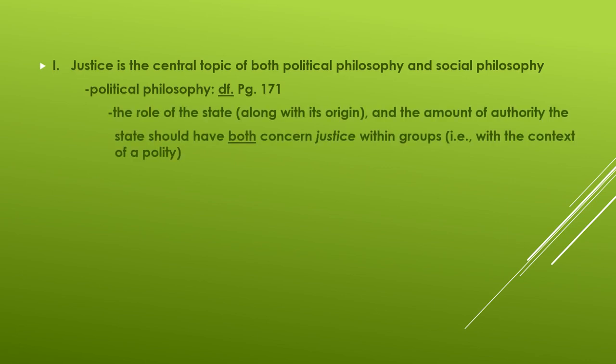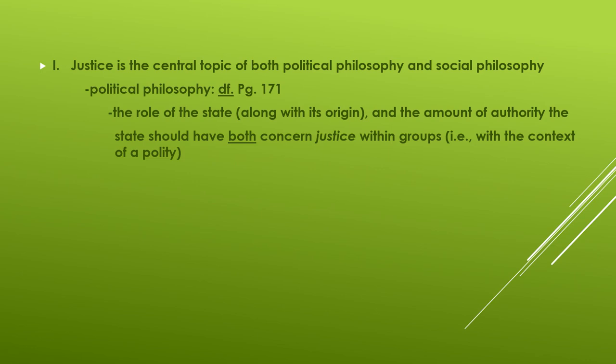To summarize it, political philosophy is concerned primarily with the role of the state. Here we're talking about cases where there are, for example, conflicts of interest between an individual or a group and the state itself, that is to say, the government in some form. So, where did the state come from?